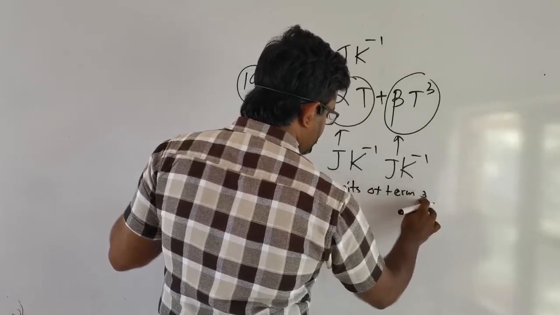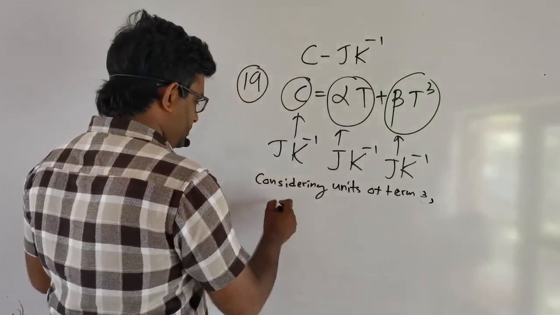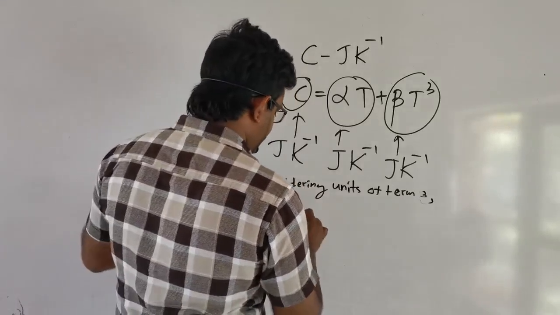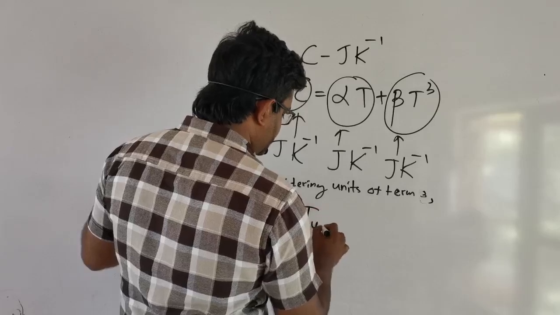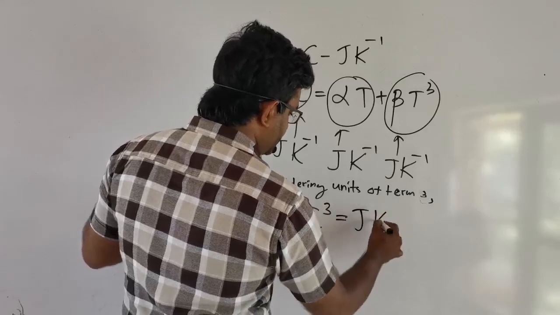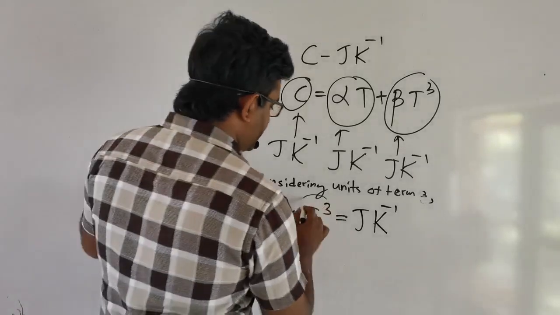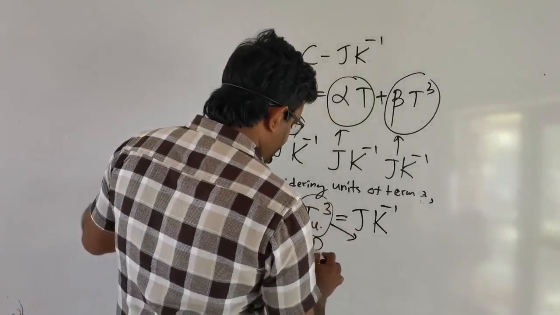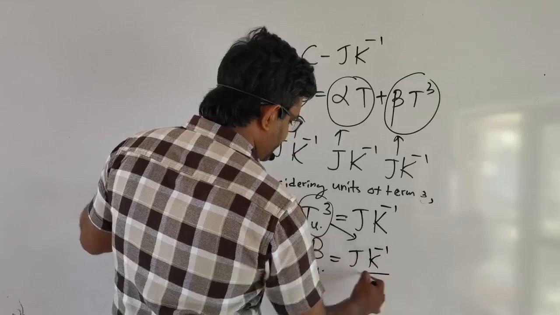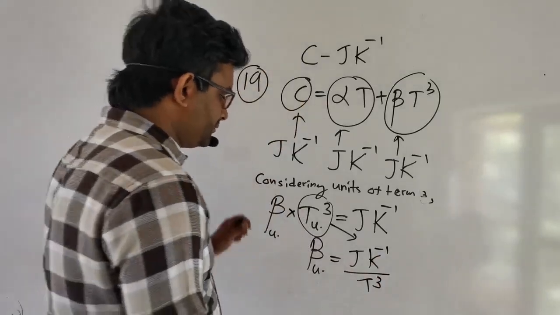We can write units of beta into units of temperature to the power 3 equals joules per Kelvin. Then we can cross multiply: units of beta equals joules per Kelvin divided by T to the power 3.